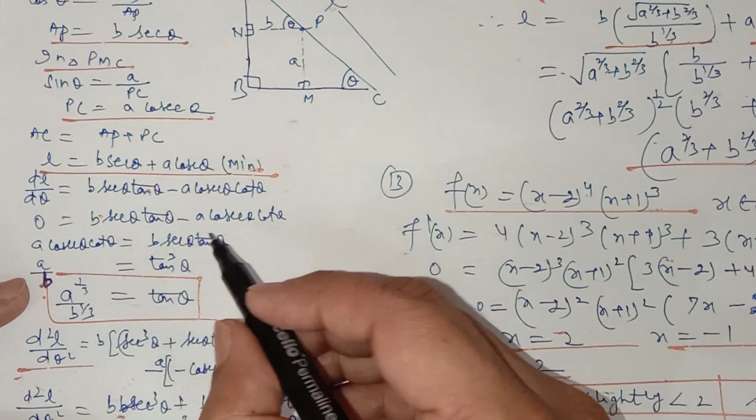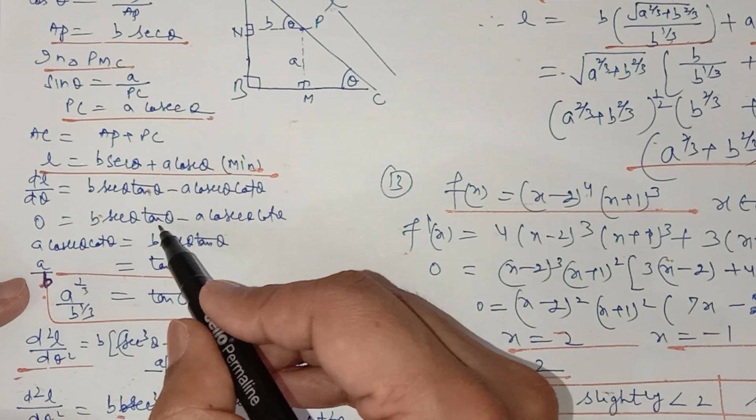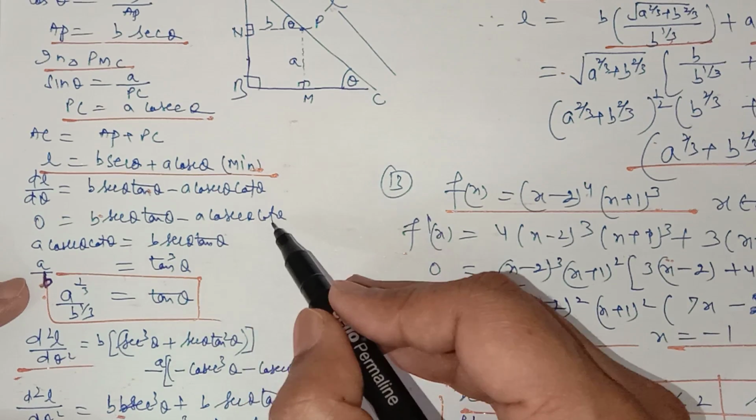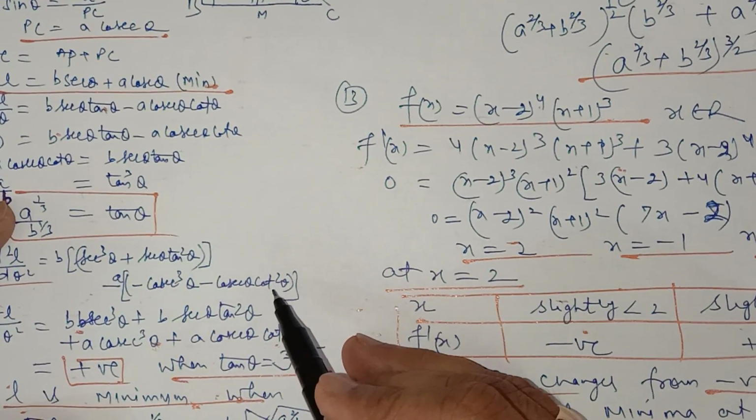Find the second derivative of this, which will be somewhat lengthy. You have to use the product rule in sec theta into tan theta, and the product rule in cosec theta into cot theta, and you can do it easily. Take your own time to find its derivative.